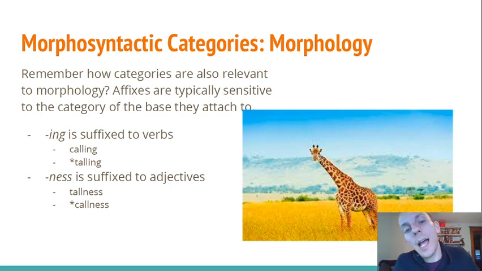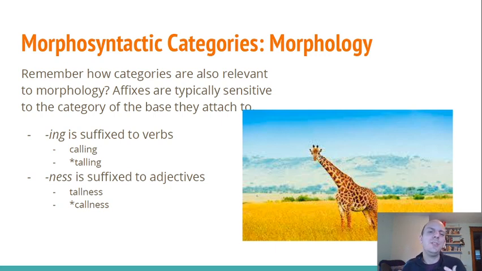And remember that our affixes attach to certain parts of speech, right? So we said things like -ing is a suffix, and it takes verbs, right? So if you have the verb call, to call somebody, you can add -ing to make calling.